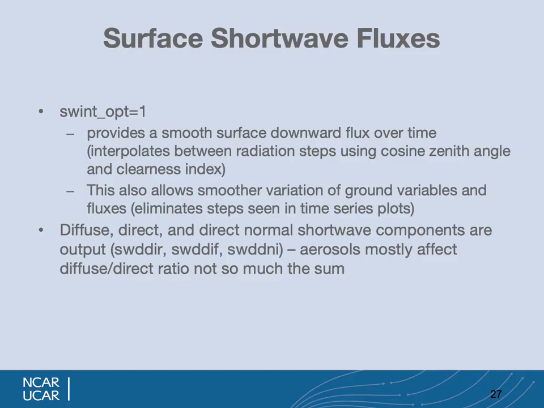So when we scale each time step, we use a new cosine zenith angle, and that gives you a shortwave radiation that changes gradually as opposed to stepwise with the radiation step. This allows smoother forcing of the surface variables. So things like the skin temperature, you'll see the steps disappearing when you turn this option on.